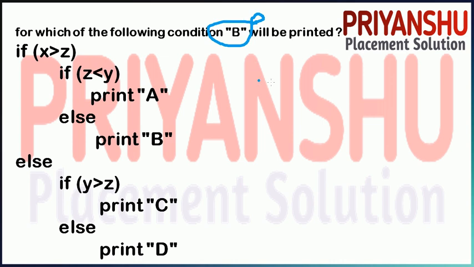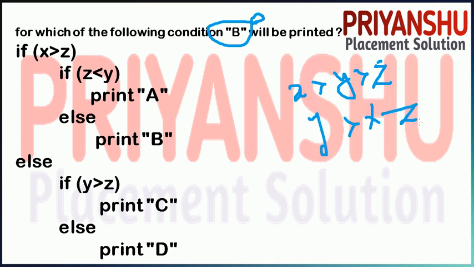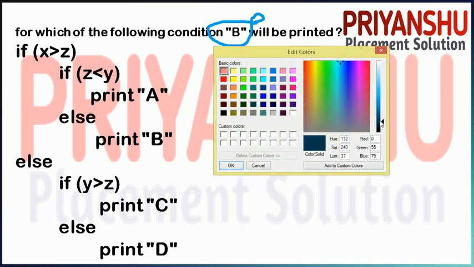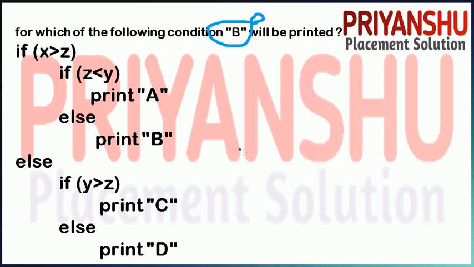For example, X is greater than Y is greater than Z, or Y is greater than X is greater than Z. So friends, these types of conditions you need to implement in this code. This is the question, and these are the options given in the question. I have not written any options because I do not have time to write so much. Okay, so friends, please consider this question as well.